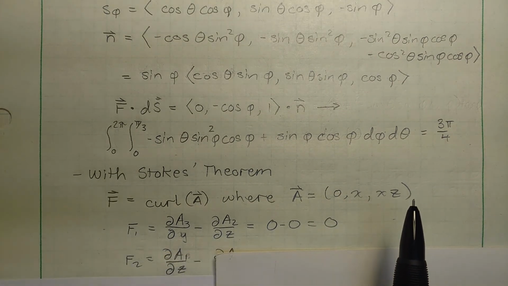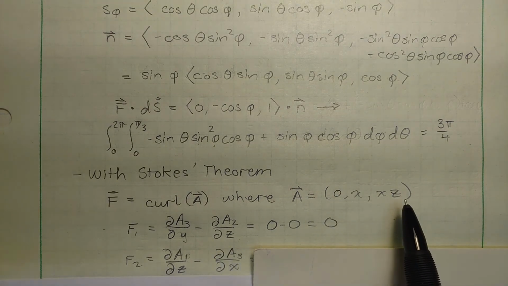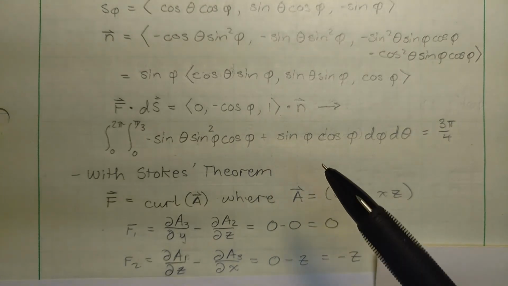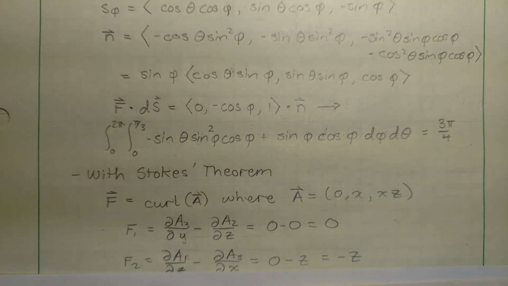So I've got the derivative of the a1 term with respect to z, the derivative of the a3 term with respect to x. This is 0 minus z, so I get negative z, which is what I got in my middle. If you scroll down there and look for your vector field F.